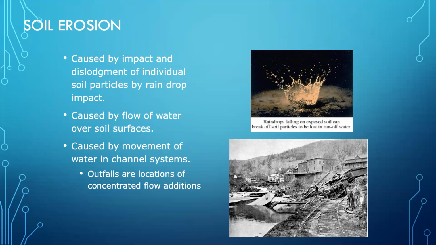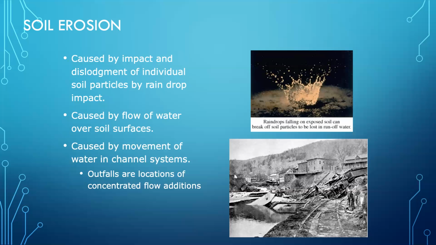The other way to dislodge soil is to have water flow over soil surfaces, and those surfaces can be just water running over a golf course, or it can be as big as a river running through a town, as depicted in the lower photograph.